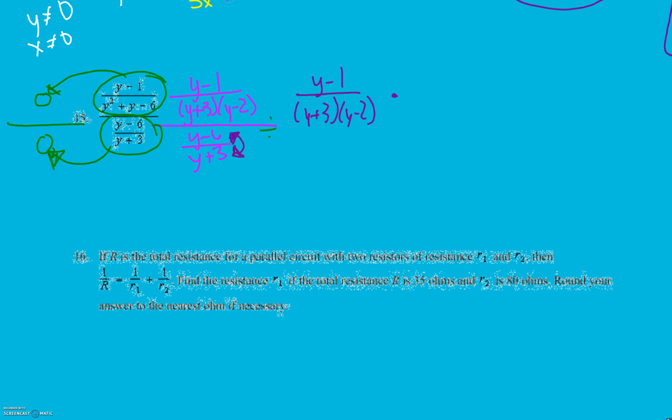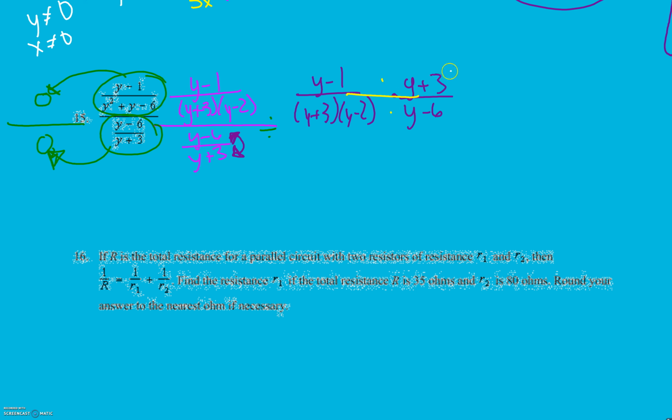Top goes to bottom, bottom goes to top. My new numerator is going to be what used to be my denominator, and my new denominator is what used to be my numerator. When we multiply fractions, we multiply straight across. So I multiply both of those.